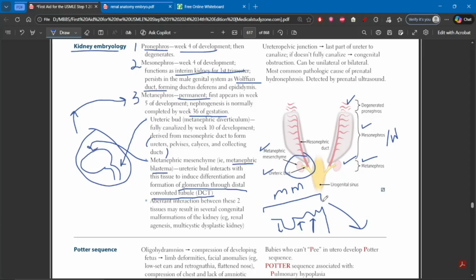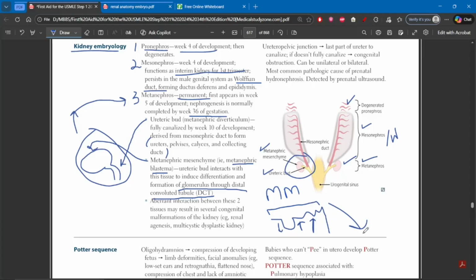The part after this is developed by another structure. So this complete part, or if I may refine it a bit, not the complete part, the part from the glomerulus to the distal convoluted tubule is formed by the metanephric mesenchyme.